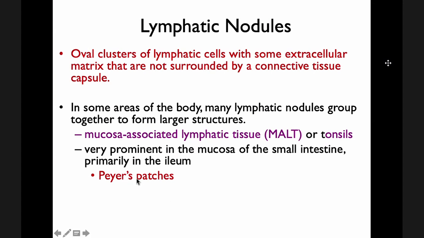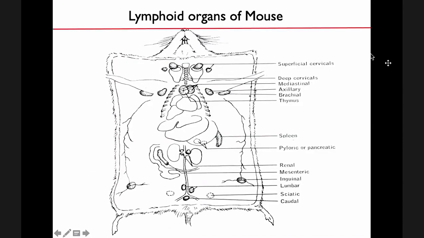Another example is Peyer's patches, which are present in your small intestine and are very critical for inducing responses in your intestinal tract. Okay. Now, for example, if you cut open a sacrificed mouse, you can enumerate a lot of these lymphoid organs.